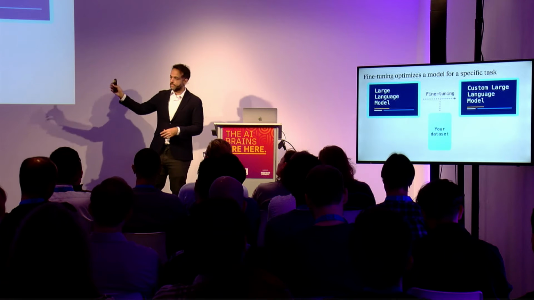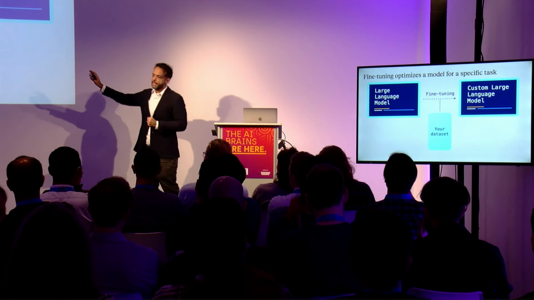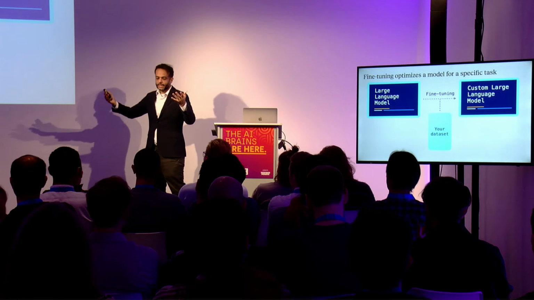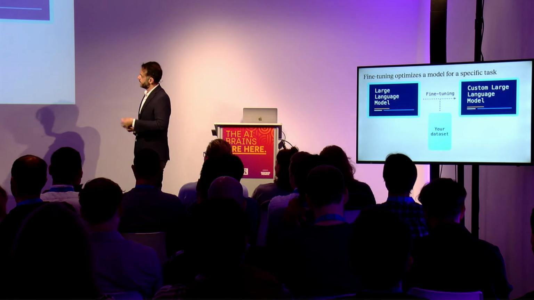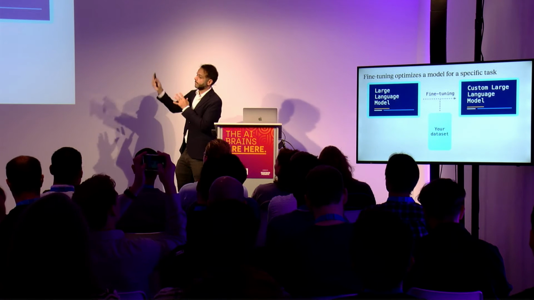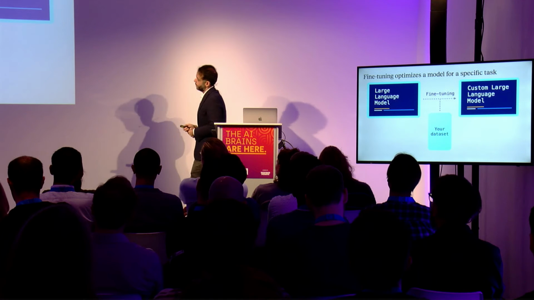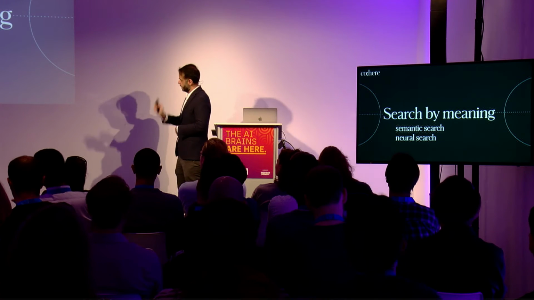Either this can be just the writings of Shakespeare, and that creates a custom model that talks like Shakespeare. This can be your classification data set of your text and your classes, and this will lead to your custom large language model that is super focused on your problem.